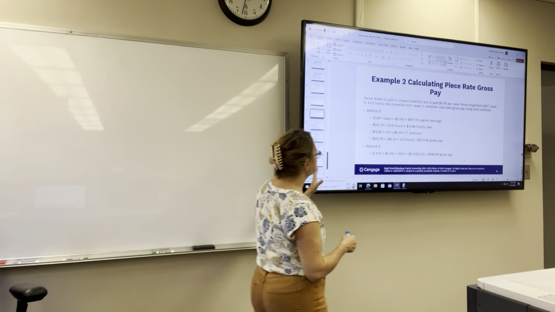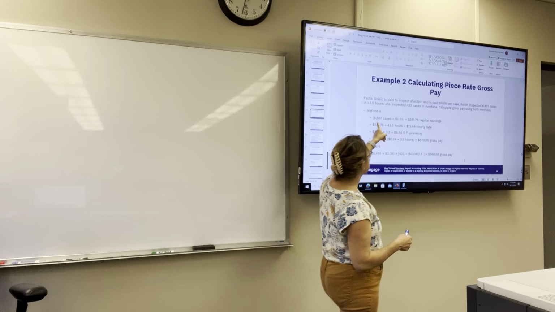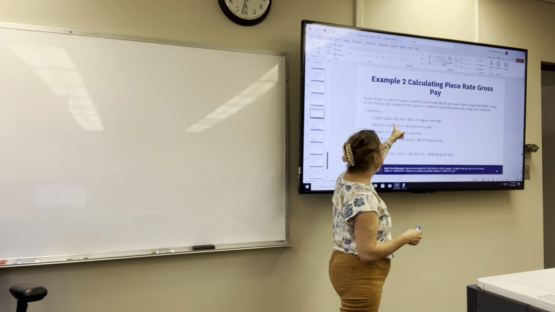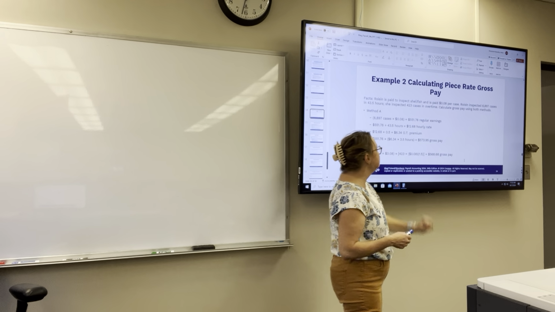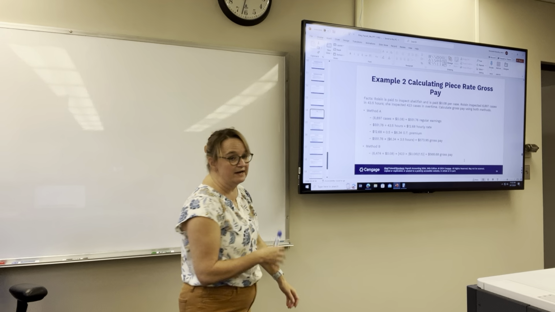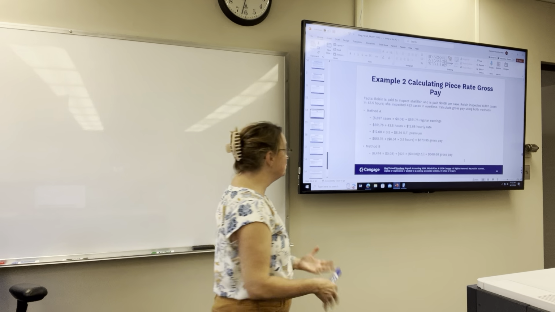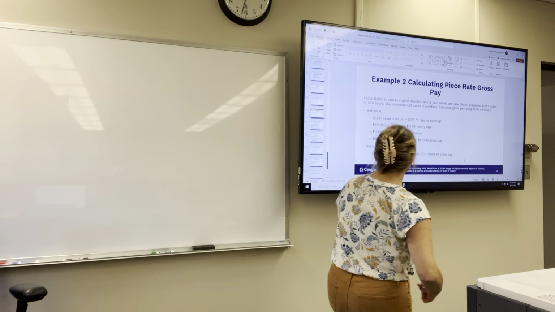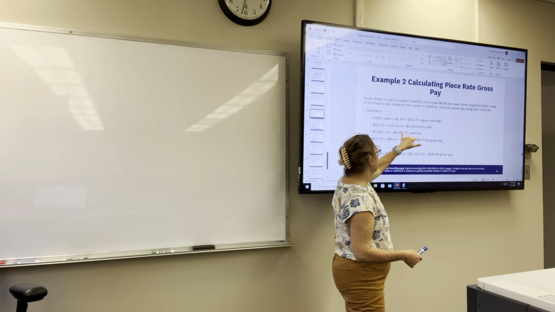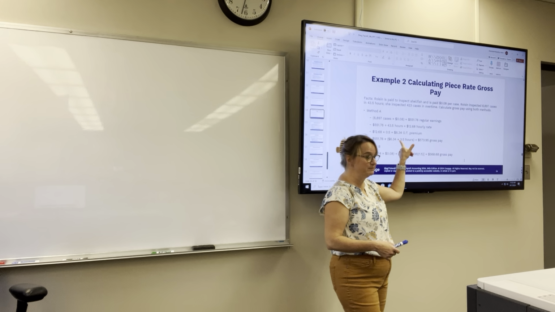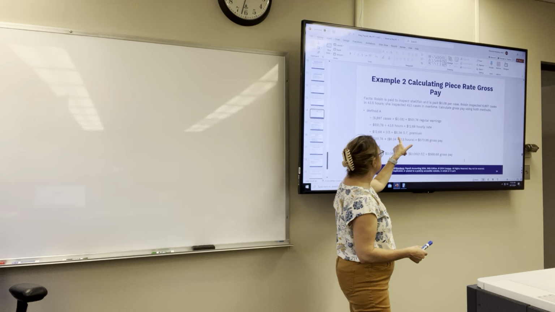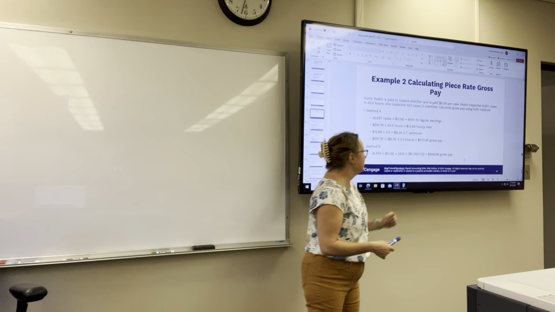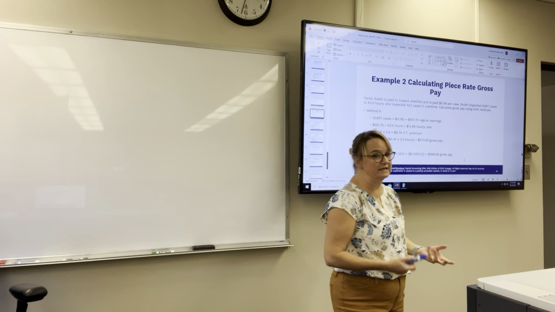Using both methods, again, we'll take the 6,897 times 8 cents, regular earnings 551.76. Divide it by the total number of hours worked to get our hourly rate, and then we'll calculate the overtime premium. Multiply that by the number of hours worked in overtime, add those two together for gross pay of $573.95.